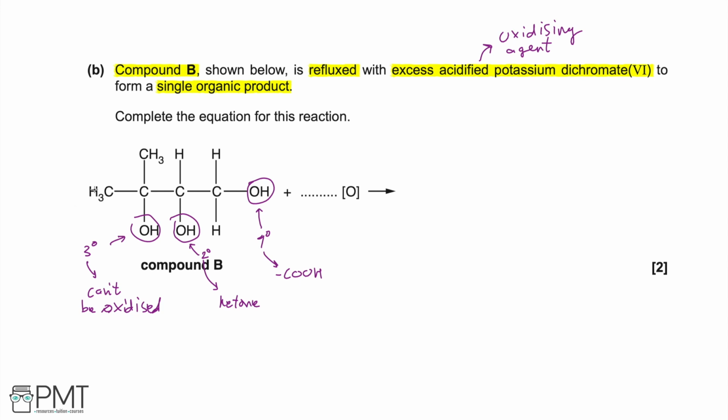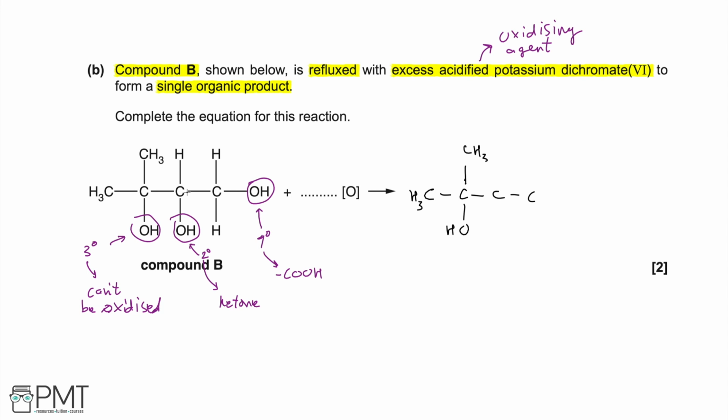So we've still got this 4-carbon chain as our backbone. We've still got this methyl group here on our second carbon. This alcohol was tertiary, so won't be oxidized under these conditions. So this is still present.